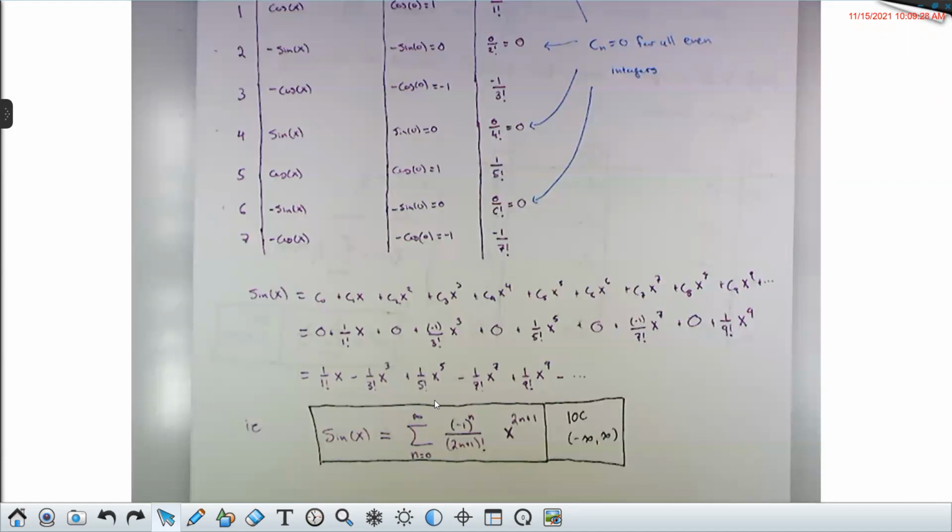Like I said, finding a formula for the Cn is a little tricky. The reason we wrote this out and kind of collapsed it down like this is because all the even terms are 0. And once you get rid of all those even terms, you can write this as x to the 2n plus 1 instead of x to the n.